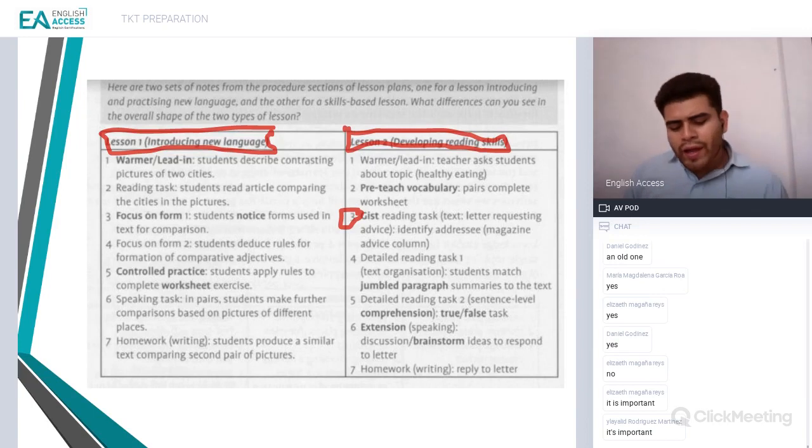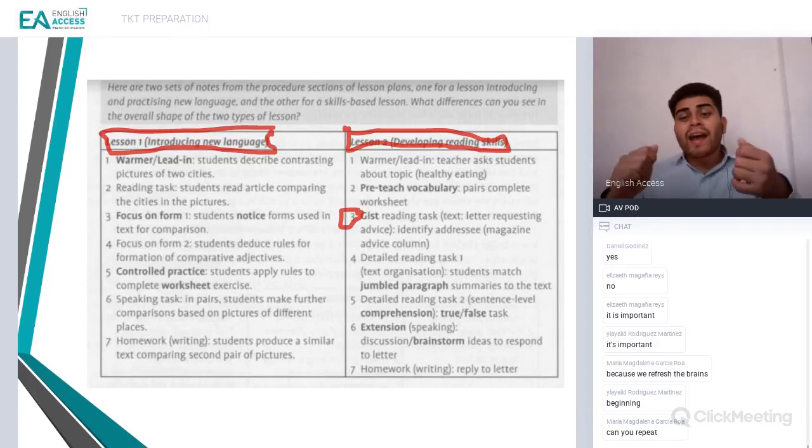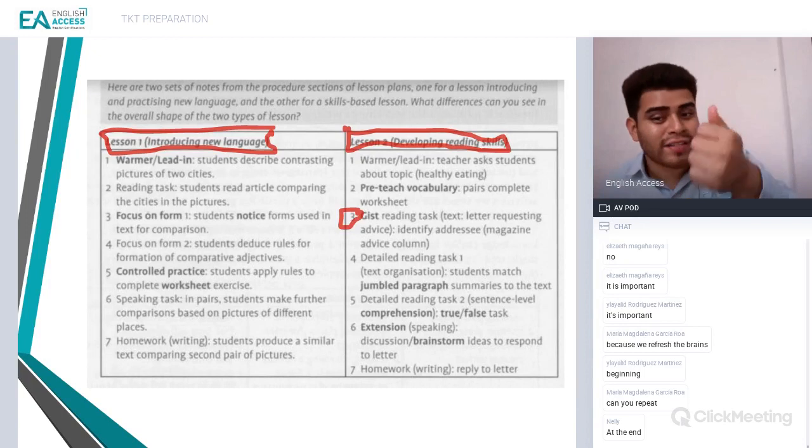And at what stage or what part of the class, beginning, middle, or end, do you assign the homework? Not check the homework, assign.